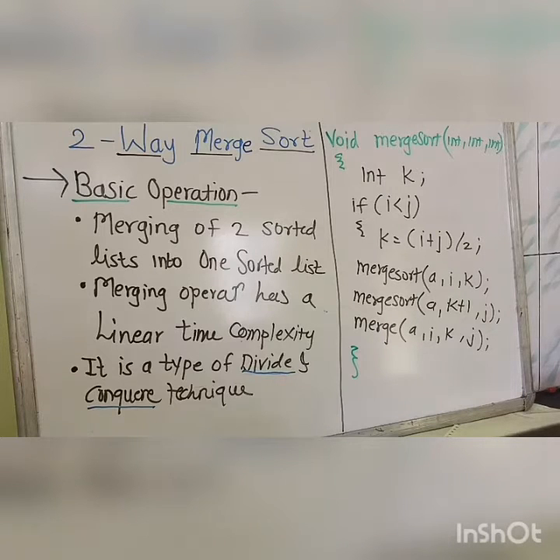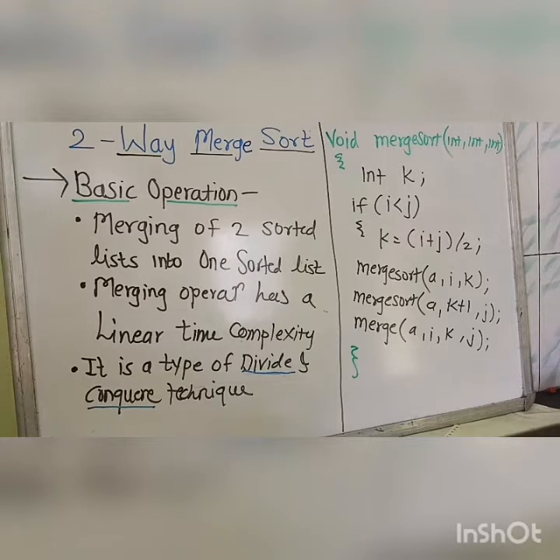Then we will separately sort the left portion and then separately sort the right portion. After finishing these operations, the left half will be sorted in itself and the right half will be sorted in itself. Then lastly, we will merge these two separately sorted arrays according to the merging technique.